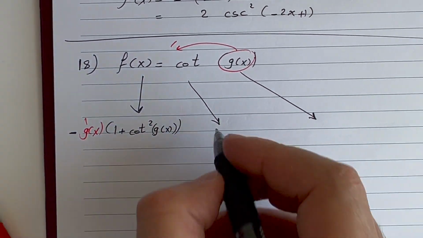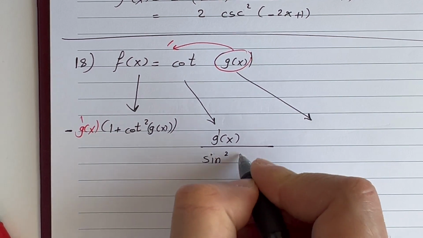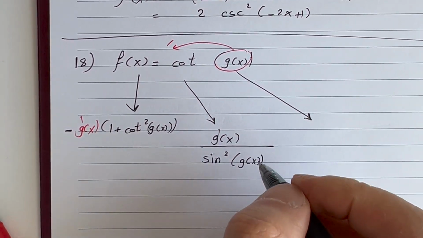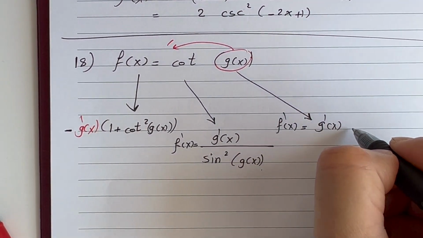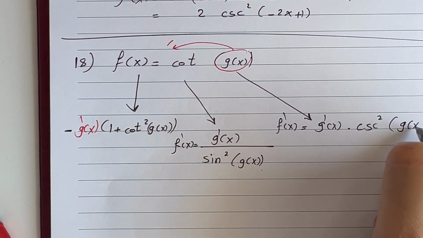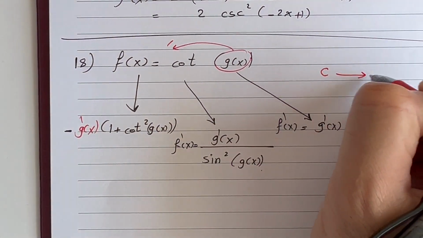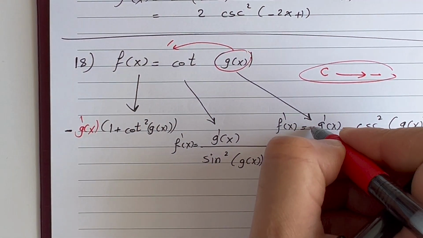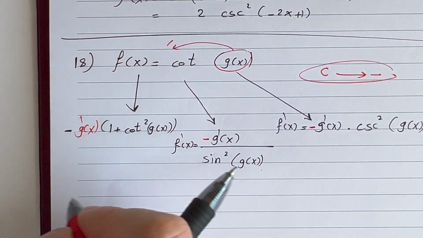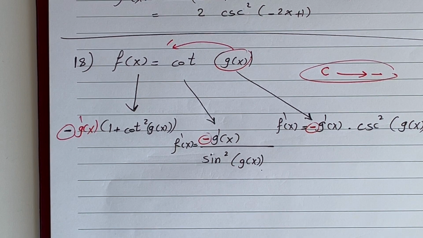Or you can use j'(x) over sine squared j(x). Or you do j'(x) times cosec squared j(x). I forgot the minus here because cotan starts with c, so the derivative will have minus. So there is minus here, also here there's minus, also here there's minus. Don't forget the minus. Be very careful.